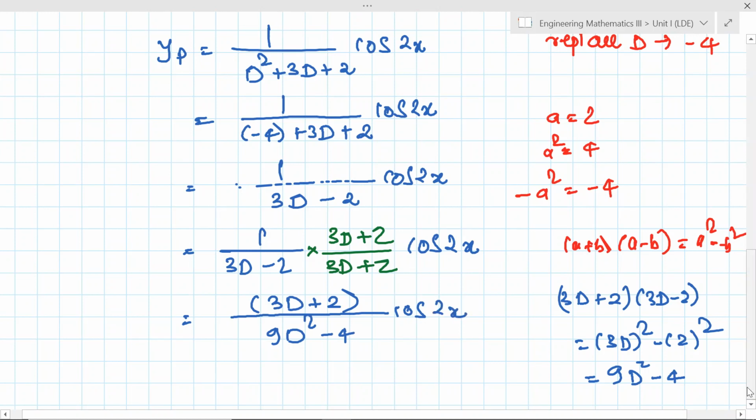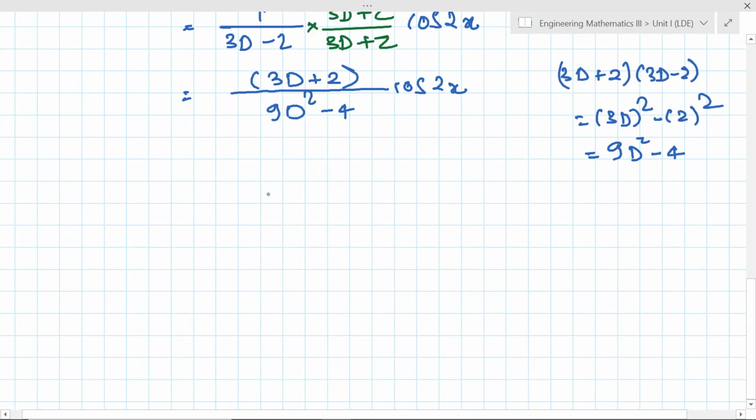Now we have to replace this. See, D square is there in the denominator, therefore replace D square by minus a square. So this is 3D plus 2 into cos of 2x divided by, replacing D square by minus a square, 9 into minus 4 minus 4.